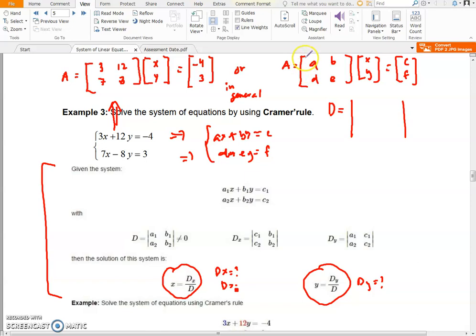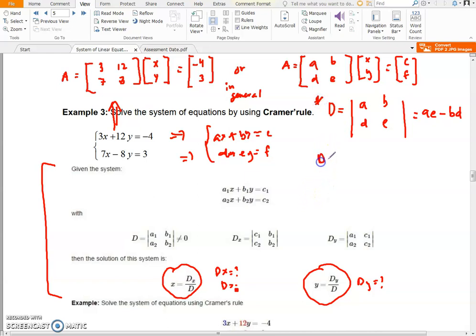If you want to use a determinant, you're supposed to use vertical bars. So in order for you to get the value of D, you have A, B, D, E, and you just need to write it back as A, B, D, and E. The formula should be A multiplied by E minus B multiplied by D. Then you can get the value of D. So please put that into your notes.